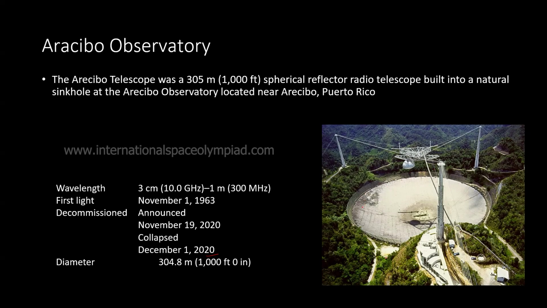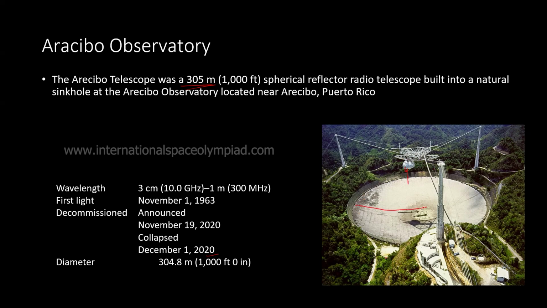Its size is comparable with what we have seen in the previous slide, 305 meters, and it was featured in some movies, like a James Bond movie, where some action scene happens inside this dish, with people hanging somewhere here. So that is it.